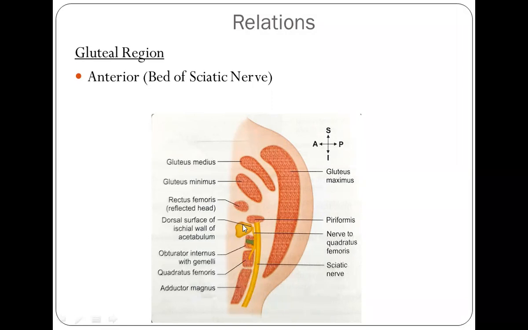So these structures from superior to inferior form the bed of the sciatic nerve. It's the structures on which the sciatic nerve rests.